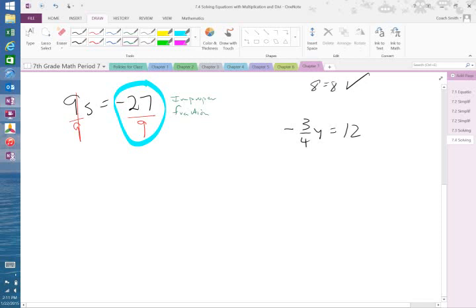I reduce that improper fraction. I'm not done yet. I have to reduce it. All I'm really doing is this: 9 into 27. 9 goes into 27 3 times. So S is equal to -3.